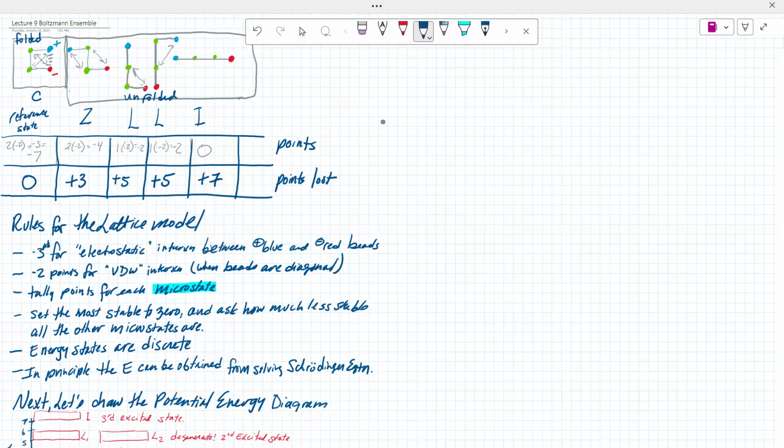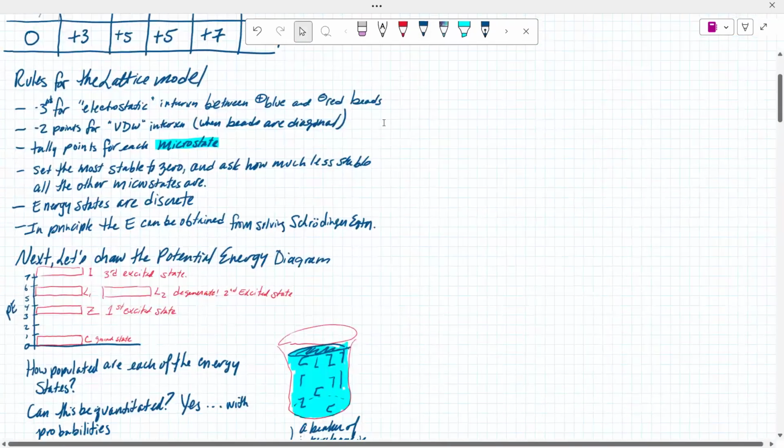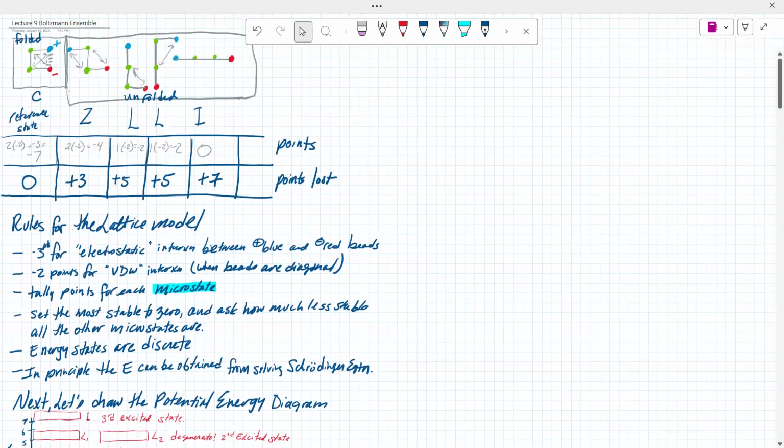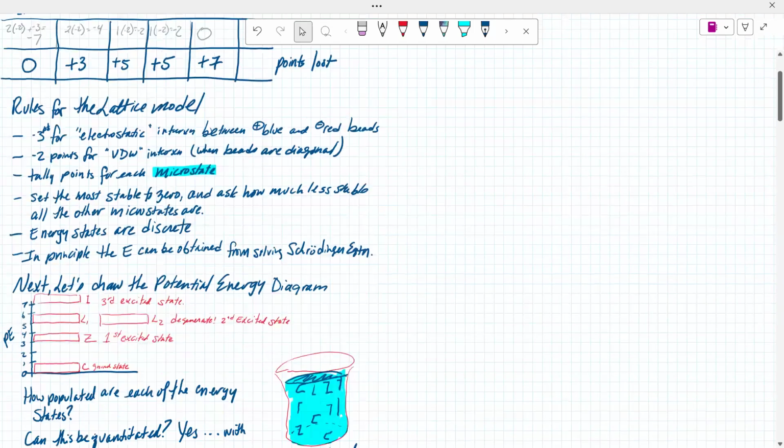So we drew them all out and calculated all of this up. We made up this point system, and we also looked at the number of points lost, which told us its status relative to the ground state. We've also written out the rules of the lattice model right here, and each of these conformations is referred to as a microstate.